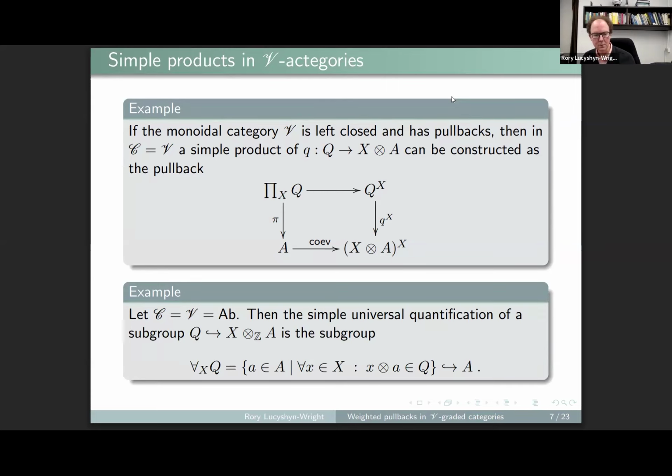What it ends up being is the subgroup consisting of all the elements a of A such that for all x in X, the pure symbol x tensor a is in Q. So we get a kind of monoidal variation on the notion of universal quantification for subobjects.